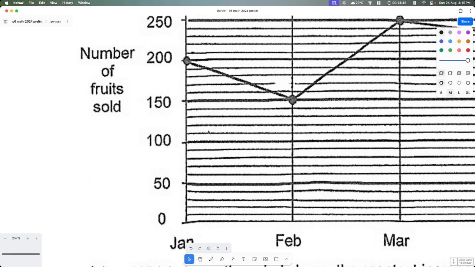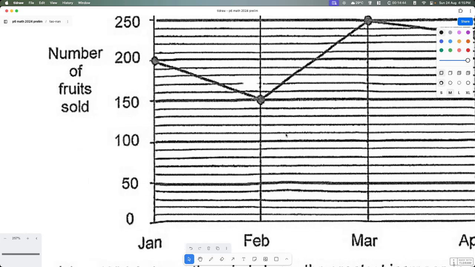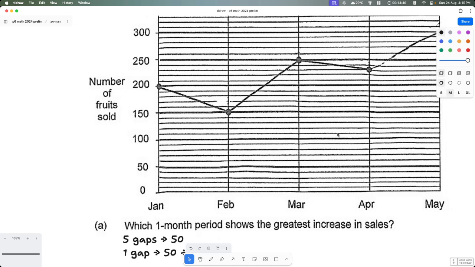So we can calculate for each of these. We want to see the increase, which one is bigger, February to March, or April to May. The rest is not that big, and there's a decrease from January to February.